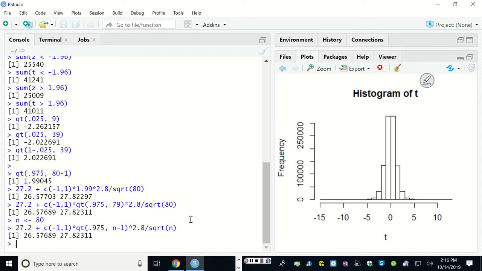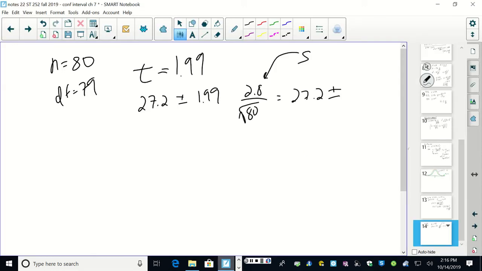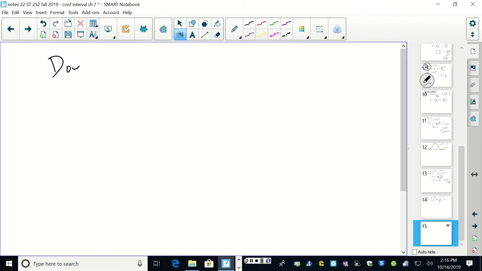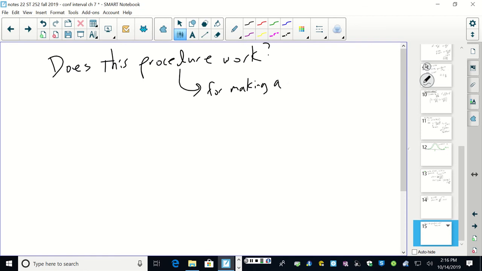That's the adjustment. Does it seem to work and cover? So the question is, does this procedure for making a generalization about mu work?